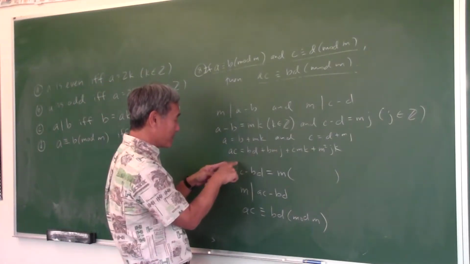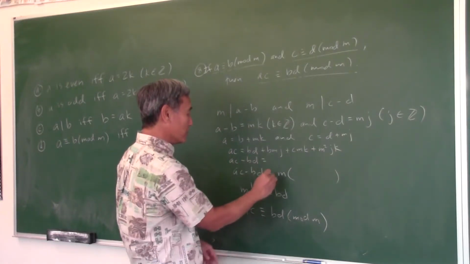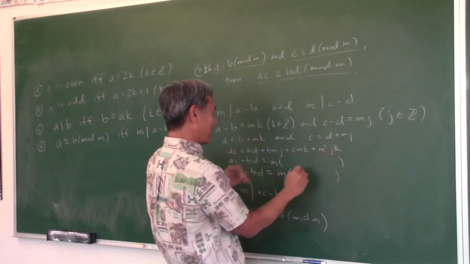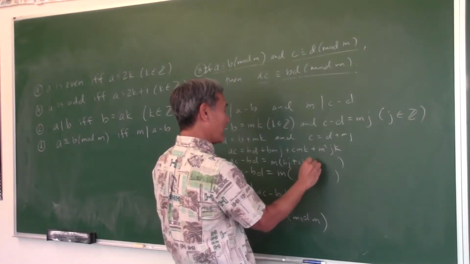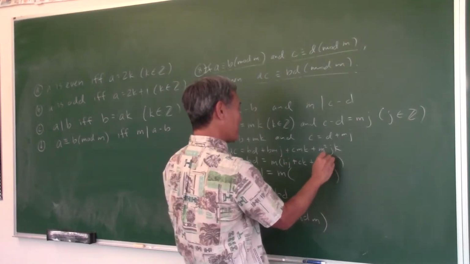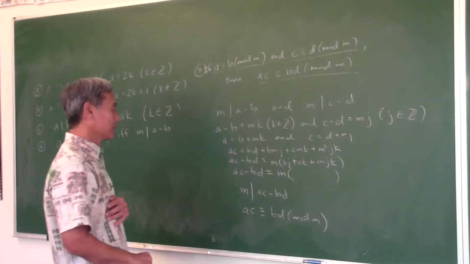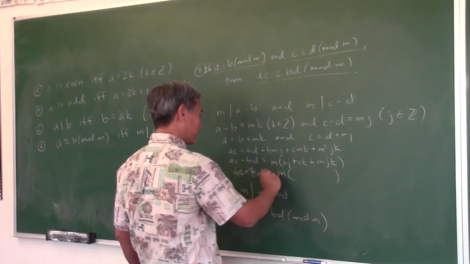Yeah, simply move the BD to this side. AC minus BD will equal M times some integer. And what would that be if you factor out the M? BJ plus CK plus MJK. Oh, that's the step right here. We don't even need that step anymore because I wrote it.